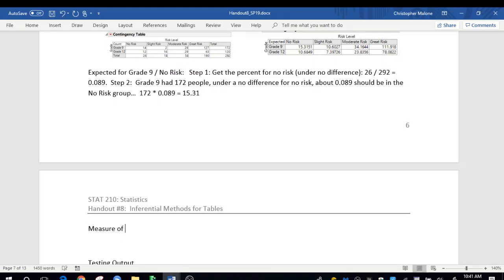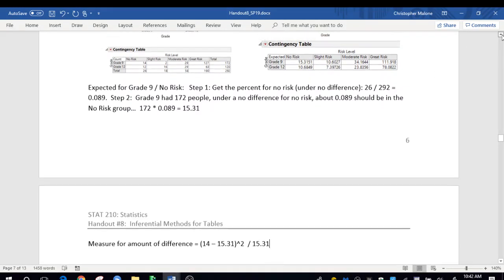Our measure for amount of difference is going to be: I'm going to take the actual number, 14, minus what I would expect, I would square that, and then I would divide all that by the expected. So for that cell, it's actually pretty close to what I expect. I saw 14. I should have seen about 15. So that amount of difference for that particular combination is going to be pretty small.